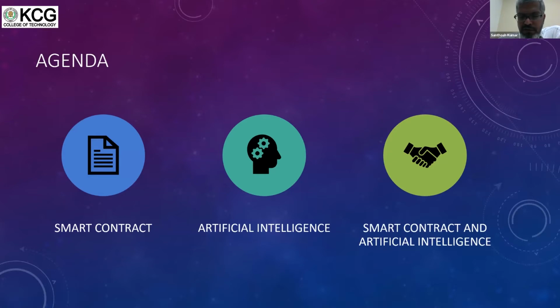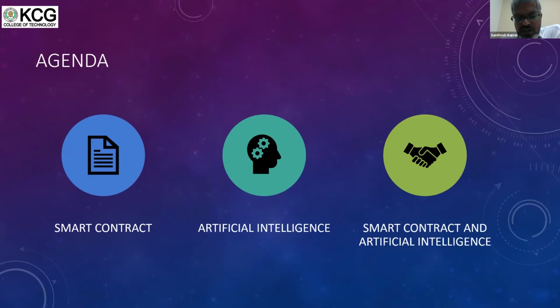I'll then give a brief recap and introduction about artificial intelligence, and briefly touch upon the challenges associated with AI. Then I will look at how AI is enabling smart contracts and how smart contracts are enabling AI. If there are any questions, you can interrupt me and ask, or you can put it in chat.